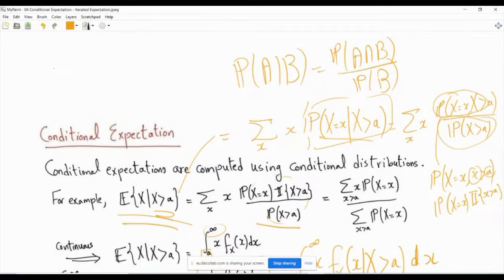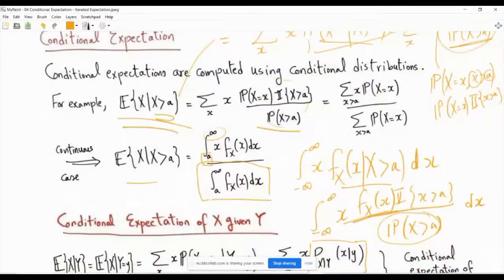Okay, so you will have this in the denominator, and then how do we compute this? Well, if your random variable is discrete, then you sum the PMF for the values that are greater than A. And if your random variable is continuous, then you integrate the PDF of the continuous random variable starting from A up to infinity. Again, it's because of the conditional.